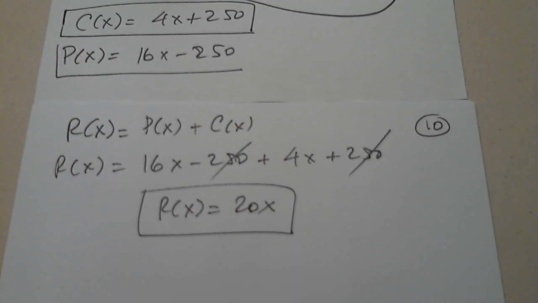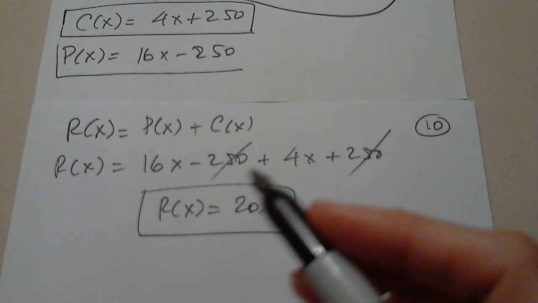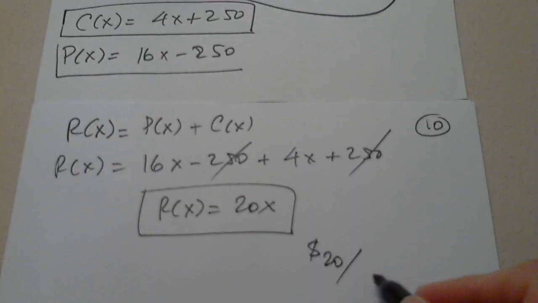Good. How much does Jamal charge per lawn, first of all? How much does he charge for each lawn? How much? 20. That's it. So he's charging 20 per unit.